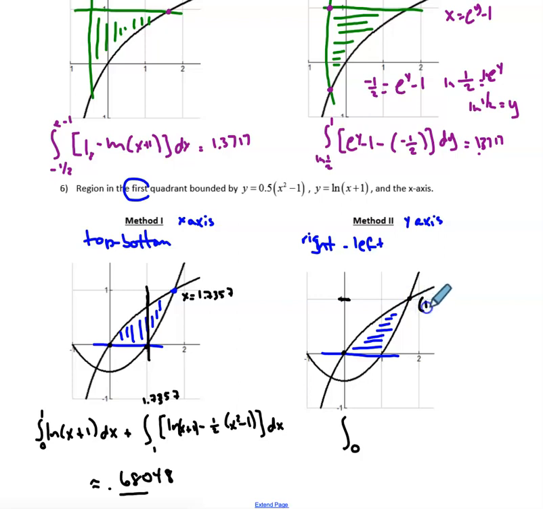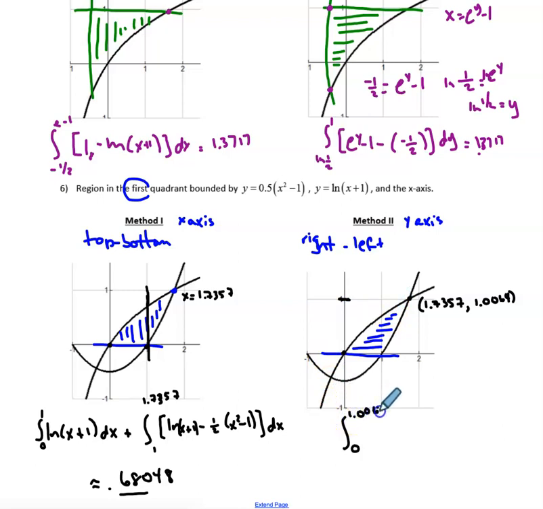We already know from the last part of the problem that the x value of the intersection point is approximately 1.7357, but the y value of the intersection point is approximately 1.0064. And that doesn't seem like a big difference from y equals 1, but it will get your answer wrong if you had used y equals 1.